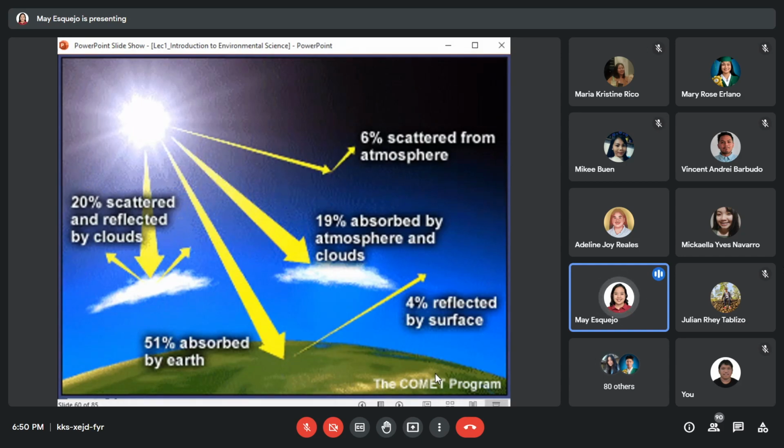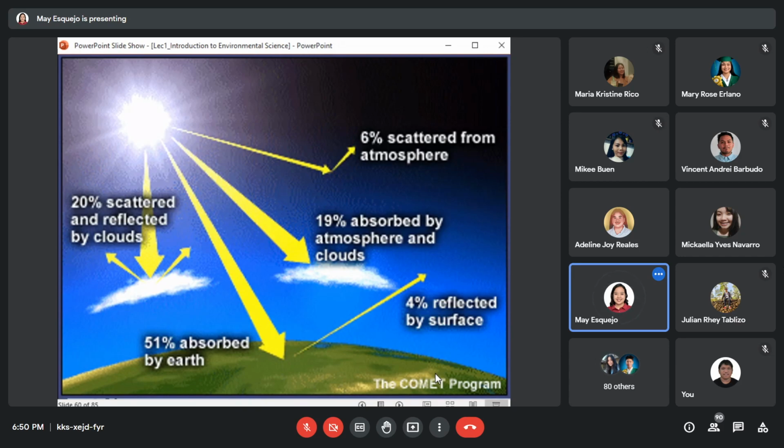So this diagram is just a summary of how the solar energy is used by the environment. So of course, hindi 100% i-absorb ng Earth kasi kung ganun, useless na. Okay, mamamatay lahat ng organisms because of the too much temperature and too much energy. So we only absorb 51%.